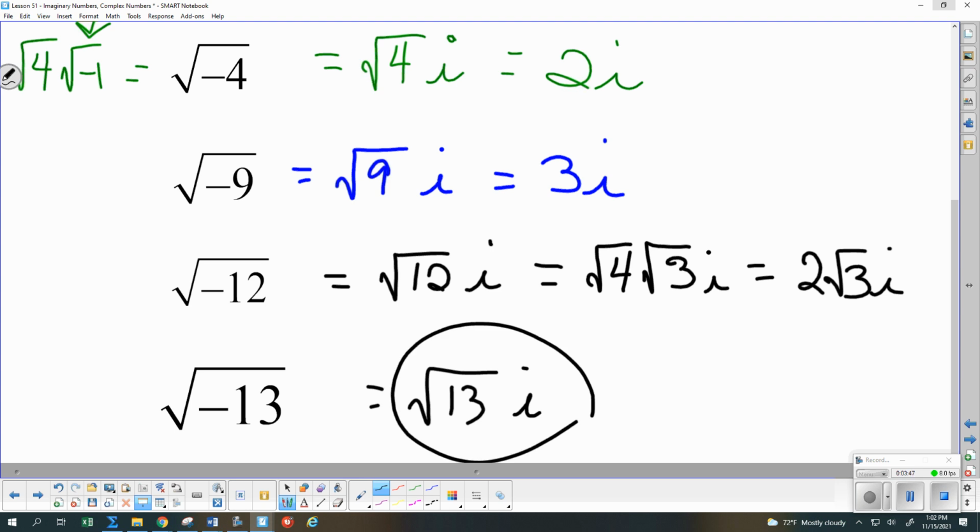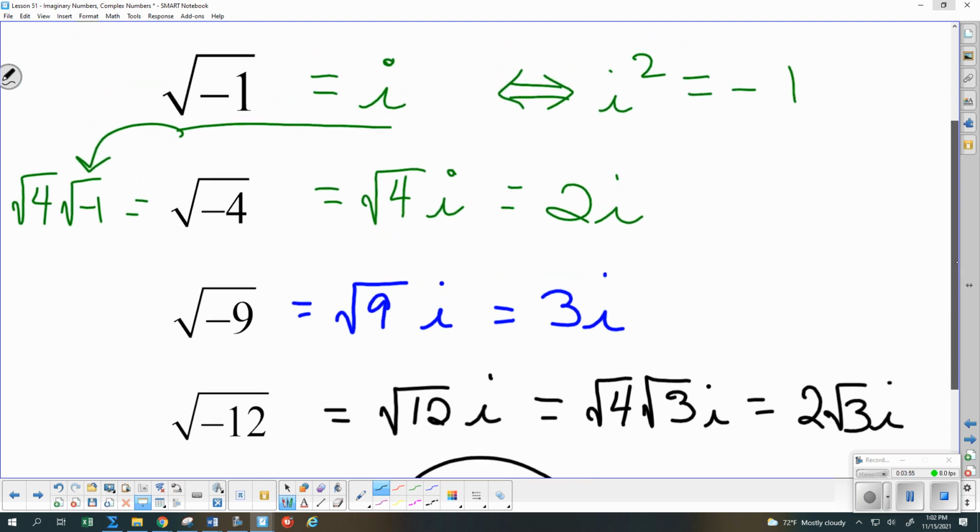Anybody with a question on that? Okay, what we're going to talk about next, we have to be careful when we start in with these negative square roots, and we are trying to do things like a square root of a negative times another square root.